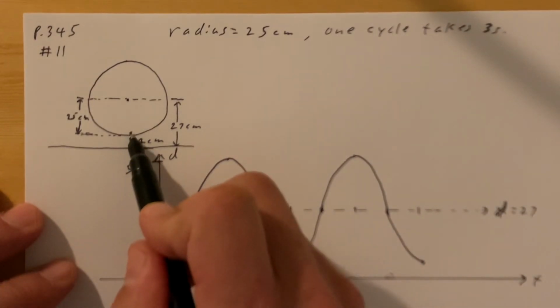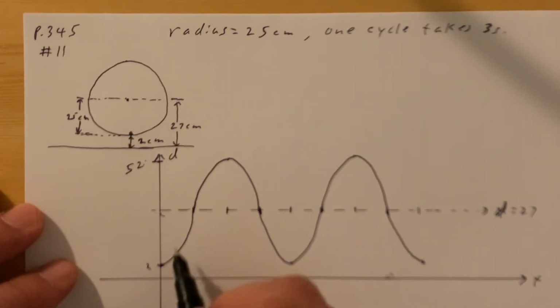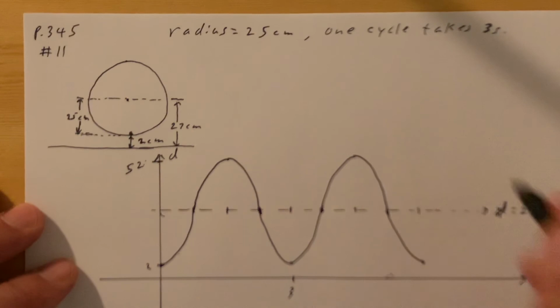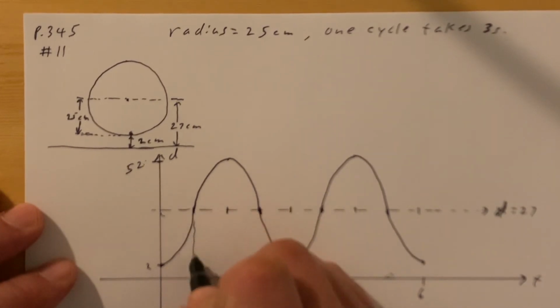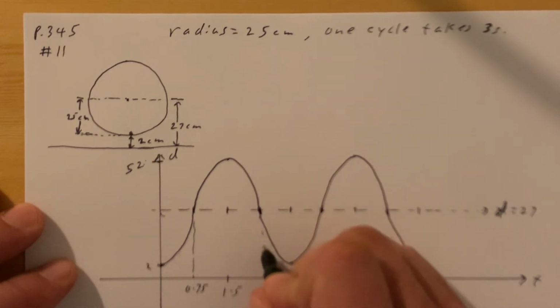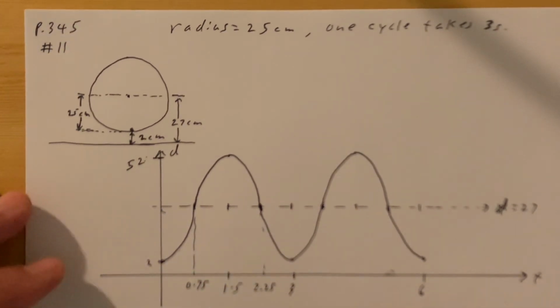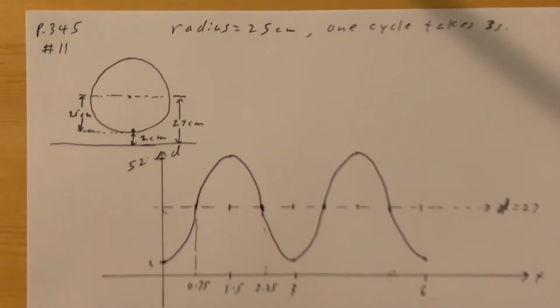So here's a rung right there. It's going to go around and around and around. Okay, so it goes up, and then it goes back down again and again. Okay, so that's going to be a total of 6 seconds for 2 cycles. So that's going to be 1.5, and that's going to be at 0.75, which would make this 2.25. Okay, and so on. So that would be our graph.